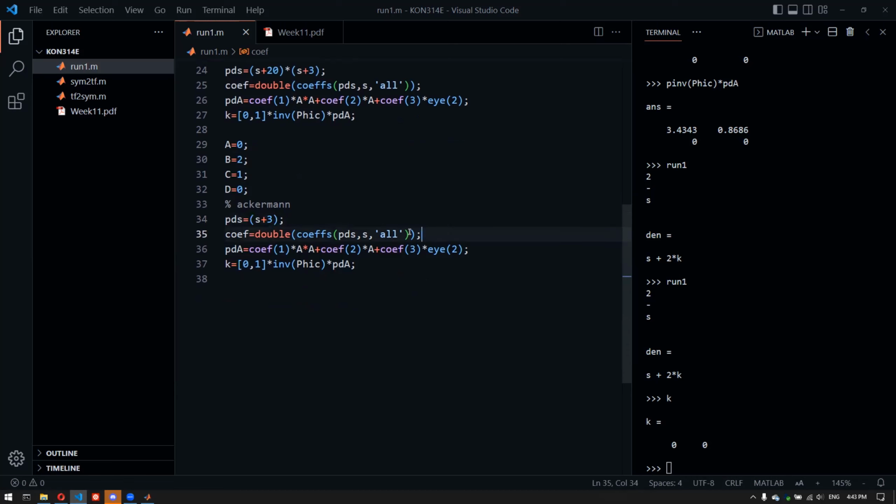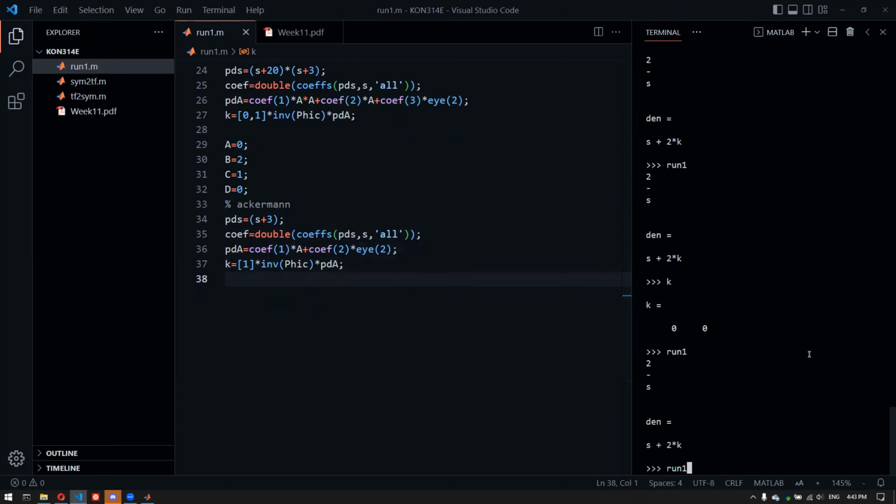And PDS is basically that. We have just one less coefficient. So coefficient 1 times A plus coefficient 2 times identity should be the right thing here. And it should be basically 1 times inverse, and let's see what's going to happen.